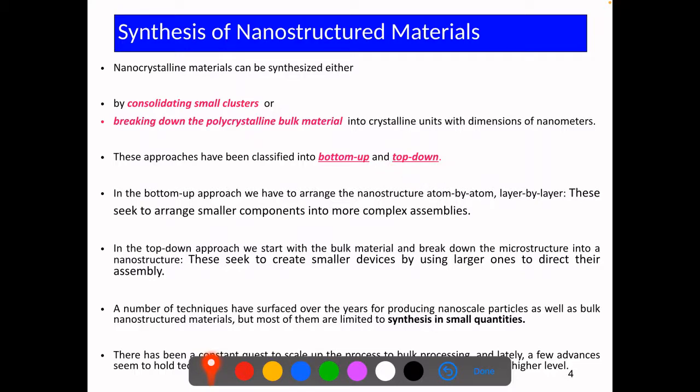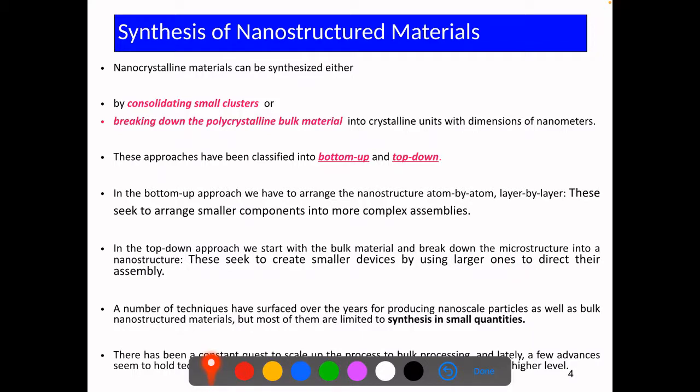In the bottom-up approach, we have to arrange the nanostructure atom by atom, layer by layer. These seek to arrange smaller components into more complex assemblies. However, in the top-down approach, we start with the bulk material and break down the microstructure into a nanostructure, and these seek to create smaller devices by using larger ones to direct their assembly.